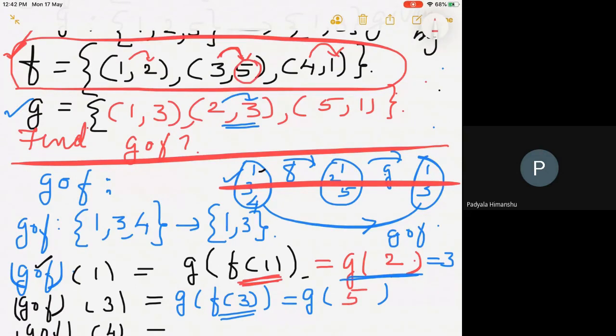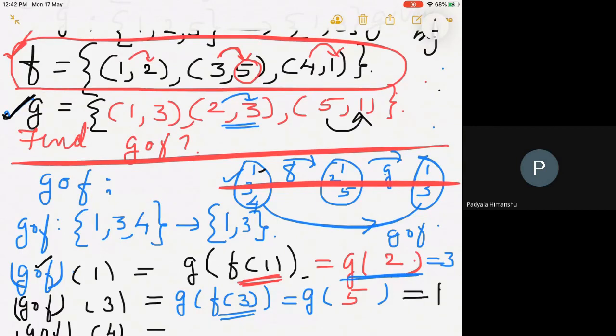The next part is to write the image of 5 under the function G. So you come back to the function G and find the image of 5. It is 1. So the final answer is 1.